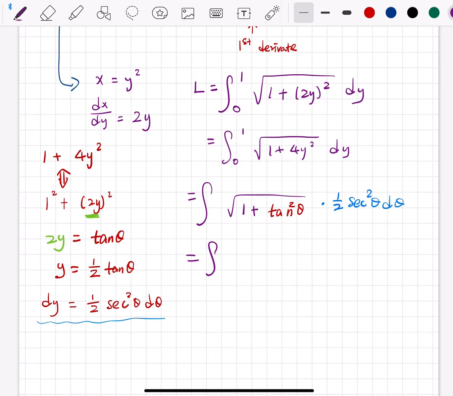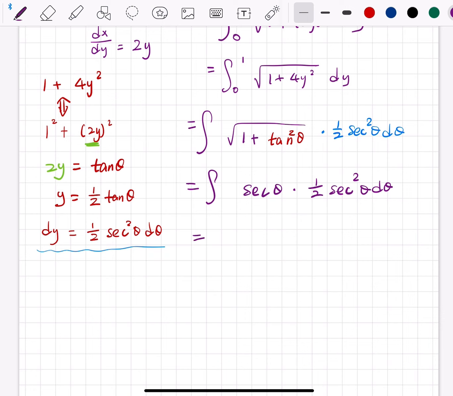And 1 plus tangent squared theta is secant squared theta. So we end up with secant theta times 1/2 secant squared theta d theta, which is 1/2 constant out, secant cubed theta d theta.